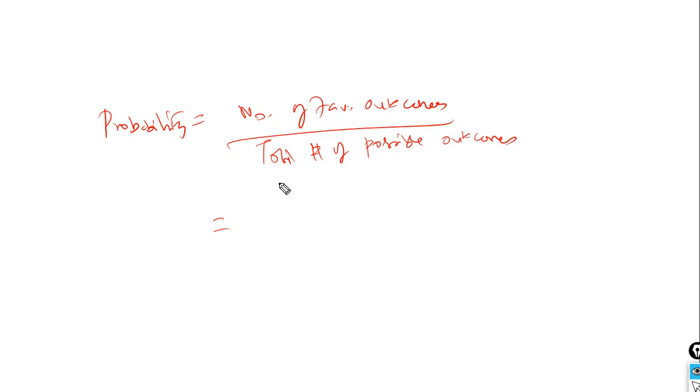What are the total possible outcomes? You can get either head or tail. So 1 divided by 2 is 0.5. There is a 0.5 probability of getting head, and there is a 0.5 probability of getting tail.